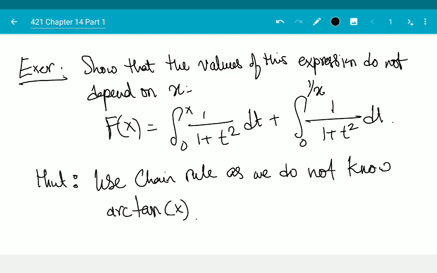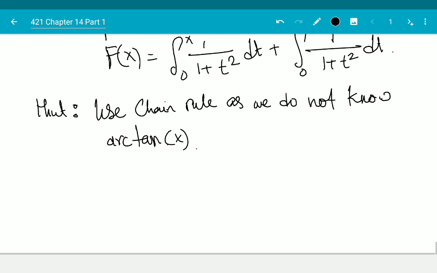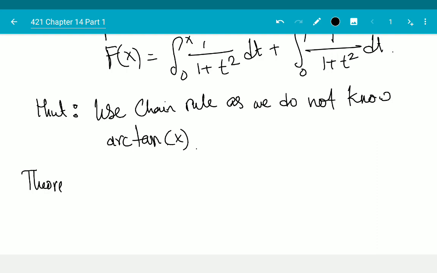Okay, and then let us finish off the chapter with the final theorem. Theorem 14.3, well, I can just call it Theorem 3.